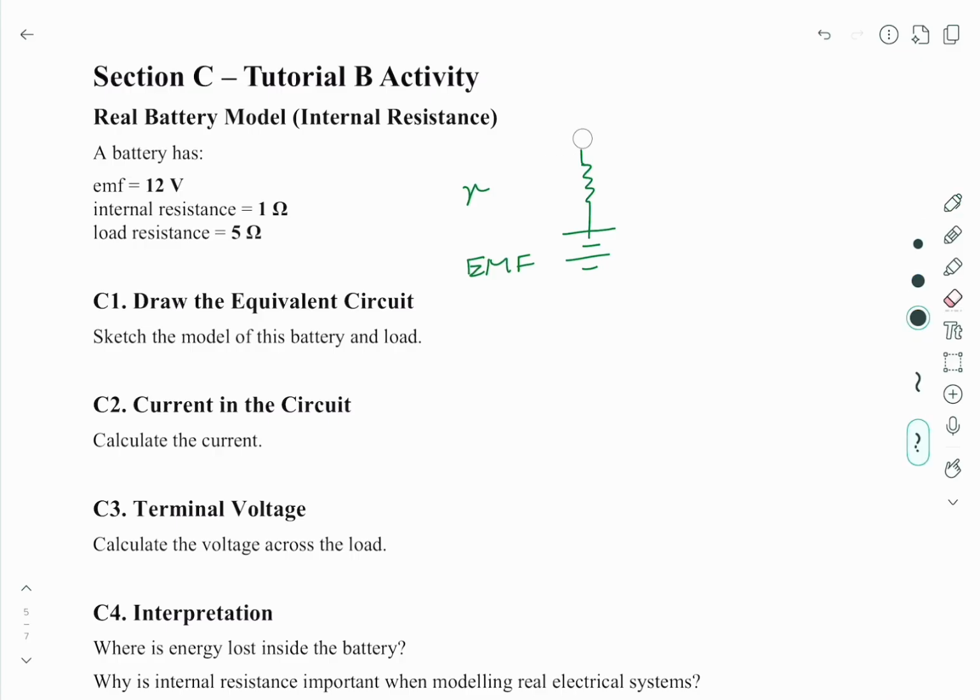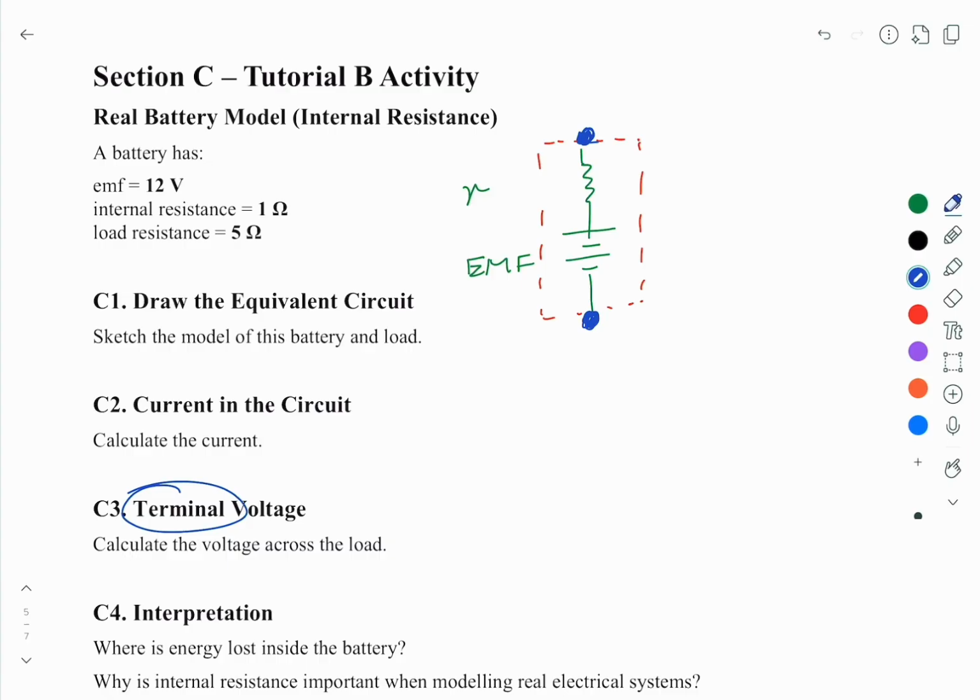This is how we will model our battery. And this internal resistance is inside your battery. So this is what you will measure at the 2 points. If you just measure the voltage at these 2 points, we call this voltage the terminal voltage.